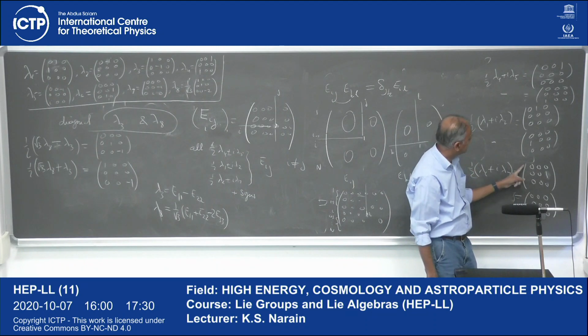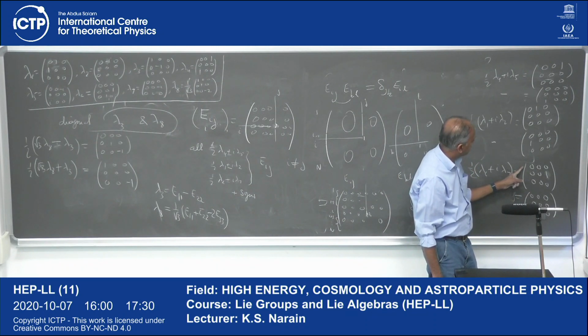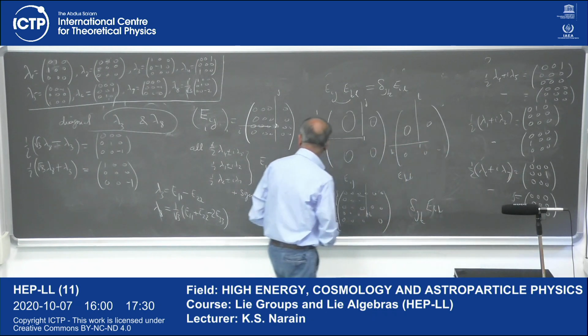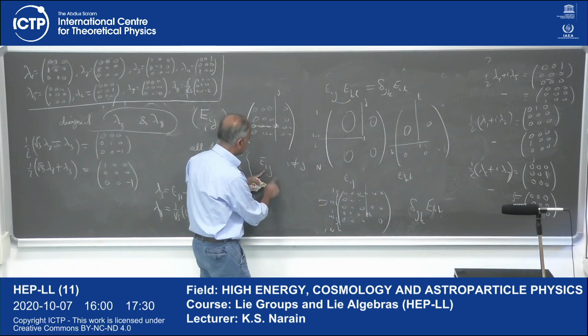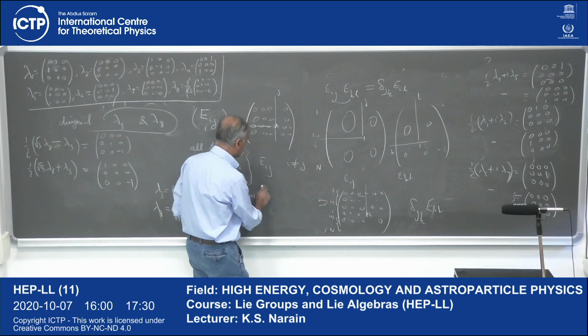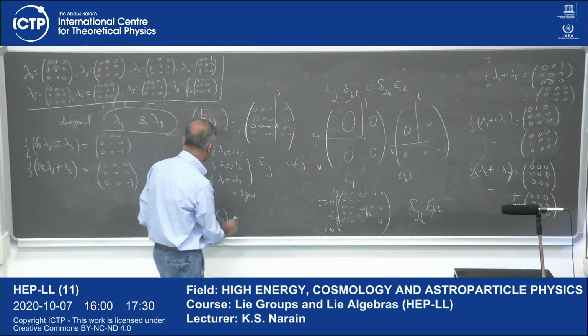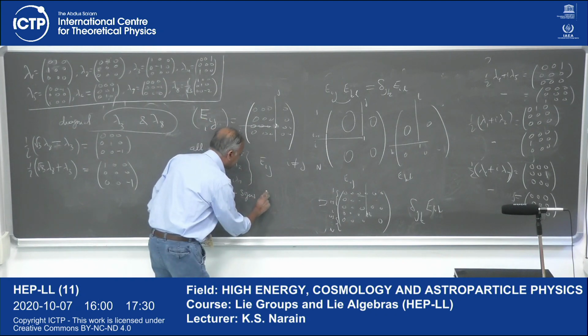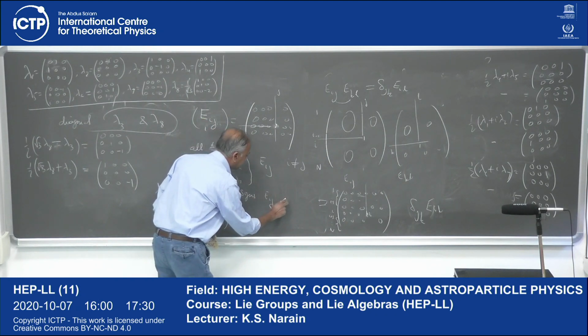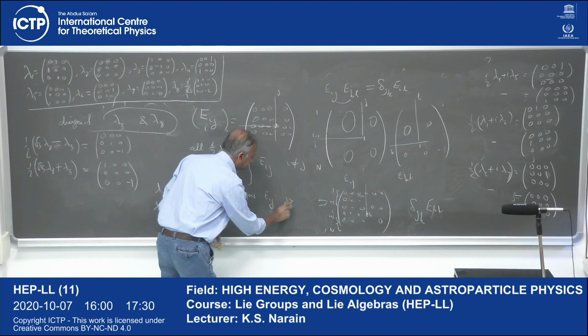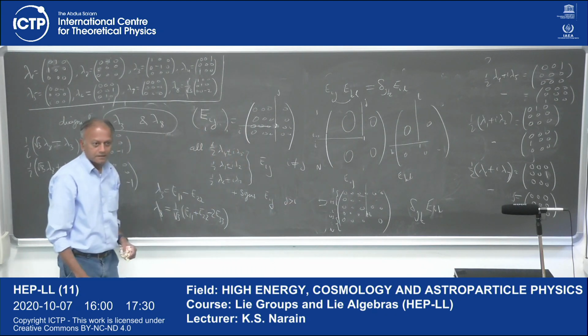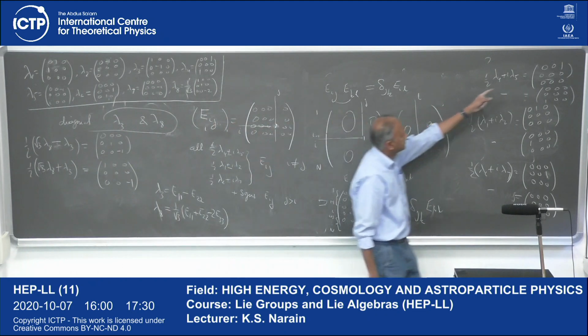That means for the plus sign, E_ij with j greater than i, right? Because you see, i is the row and j is the column.